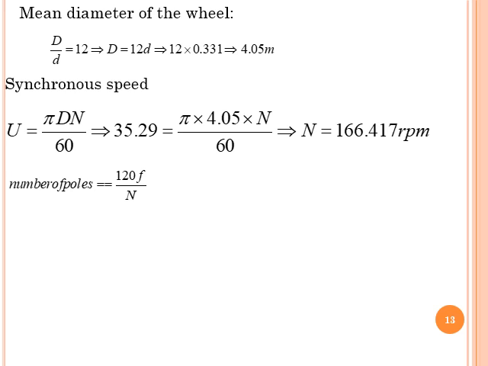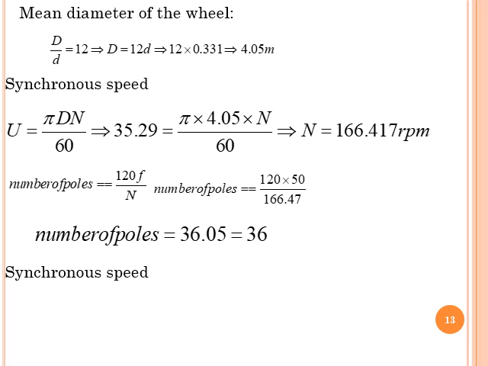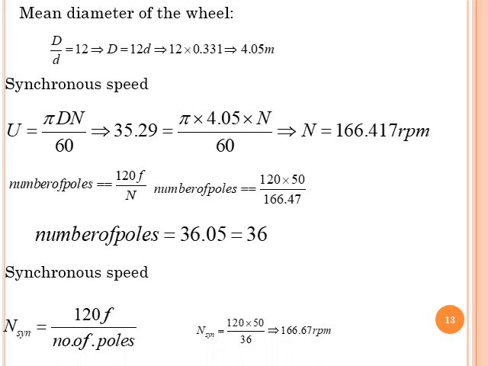The alternate method to find the synchronous speed is: the number of poles is equal to 120 f by N, where f is the frequency and N is the speed. The number of poles is calculated as 36, and the synchronous speed is once again similar, 166.67 rpm.